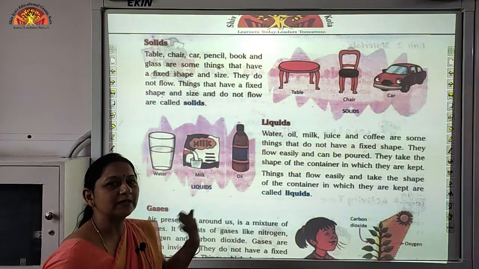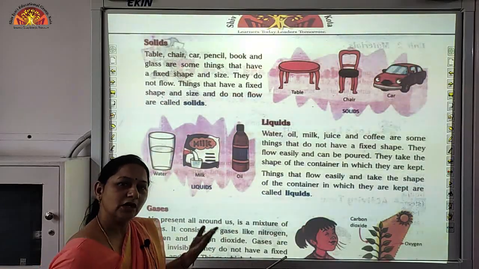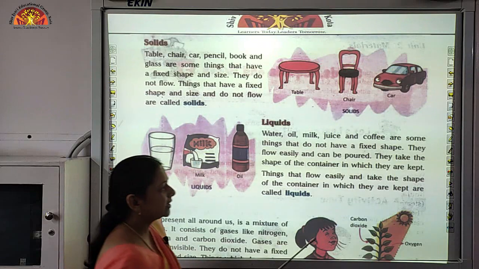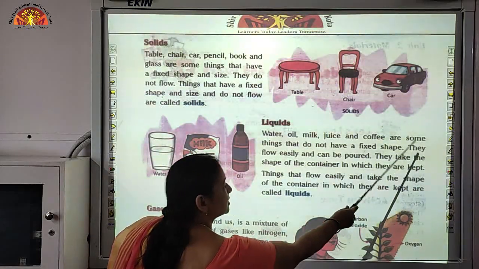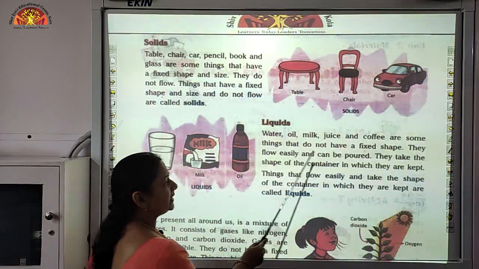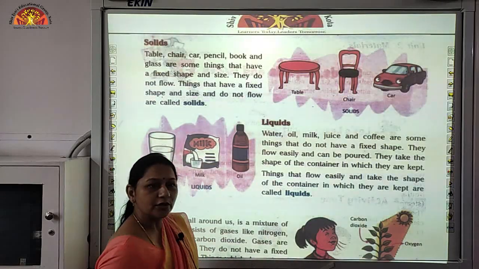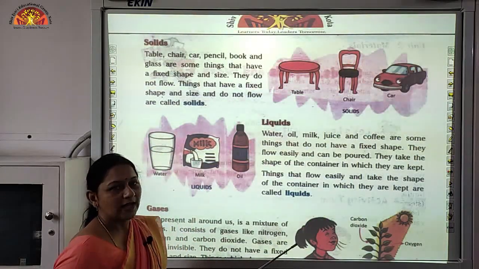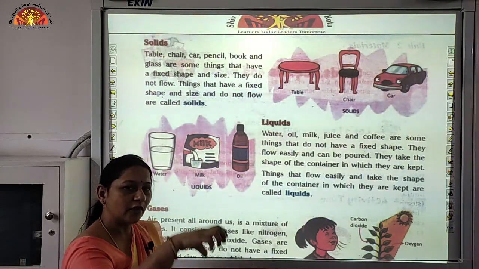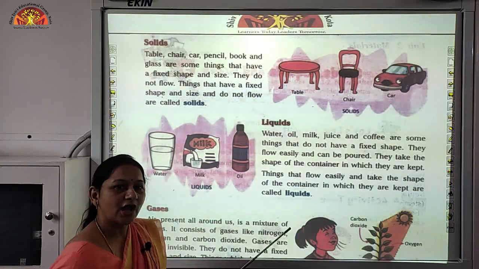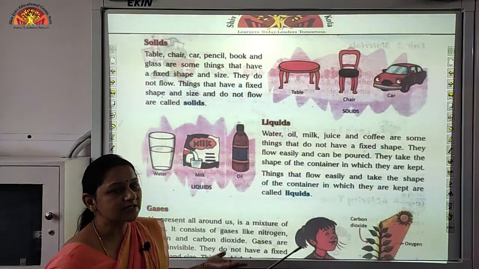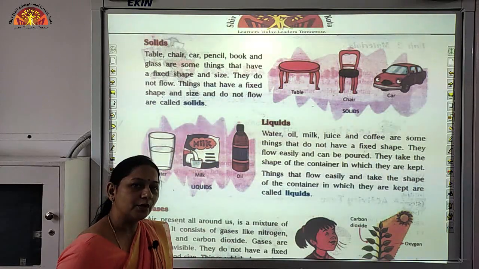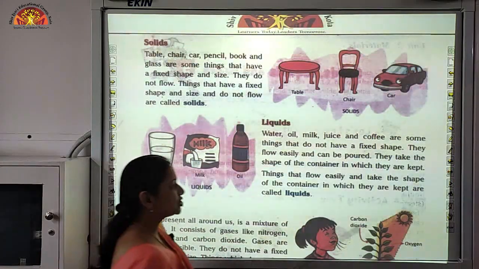So the shape keeps changing according to the vessel in which it is kept. So these liquids flow easily and can be poured. Yes, as you pour water from the glass into the jar, it changes its shape. So it can be poured and the shape also changes.